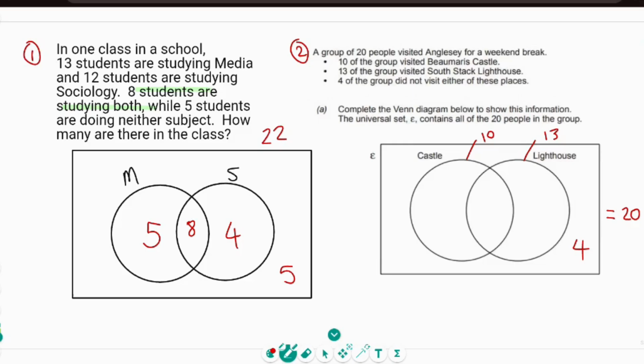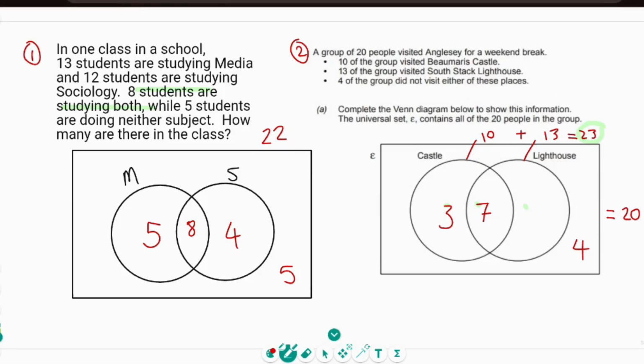Right, so 10 add 13 is 23. 20 take away 4 is 16. So these 3 add up to 16. What's the overlap? 7. So 7 here, 3 here, 6 here.